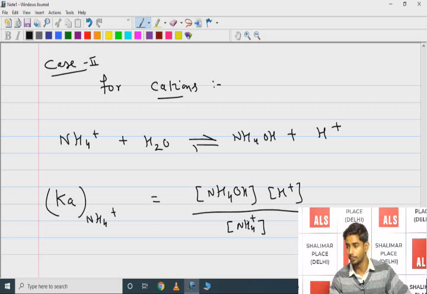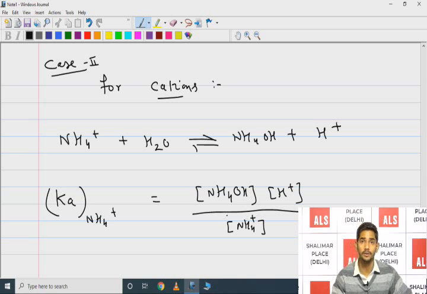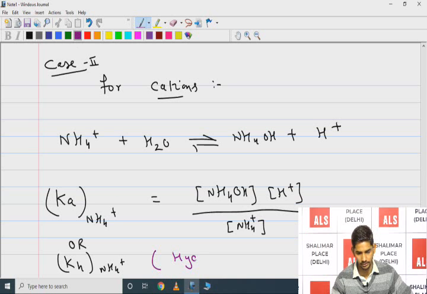Guys, the important part is, in this reaction, water is also taking part. Means the ions of the water are also being used. So this can also be written like this, KH. KH means hydrolysis constant.